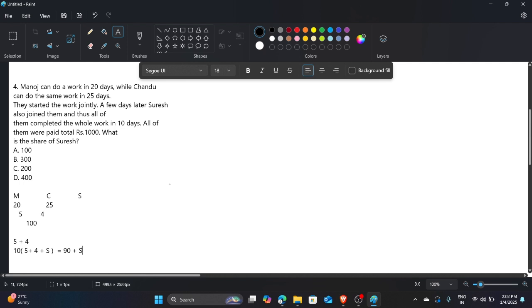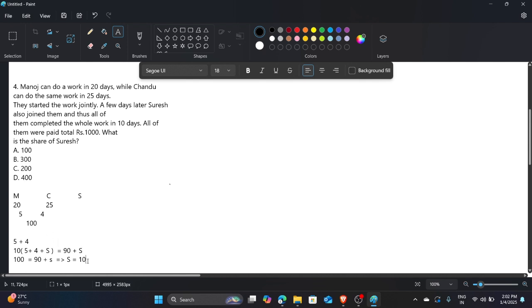Okay, so only 10 units of work is remaining. You can see that 100 units of work is the total, the 90 done by Chandu and Manoj, and the remaining is now 10. So the 10 units of work is done by Suresh.